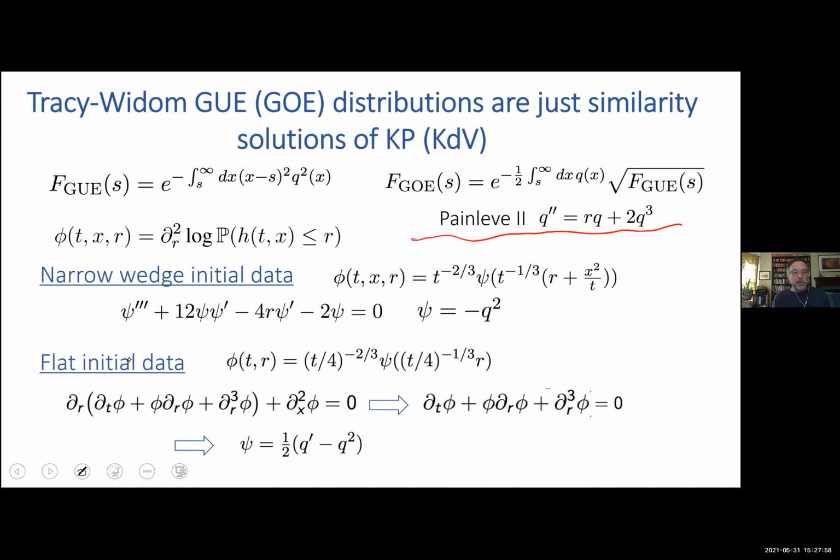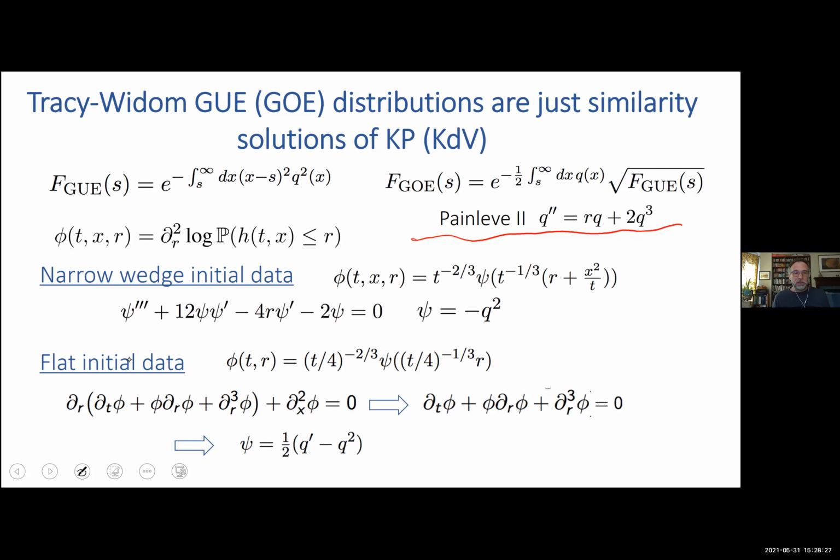Okay, now we know from our theorem, which I haven't shown you the proof of yet, but if you believe it, that this phi, which is the second log derivative of the distribution function, should satisfy KP in the GUE case, and in the GOE case, because it doesn't depend on x, the KP reduces to the KdV equation.